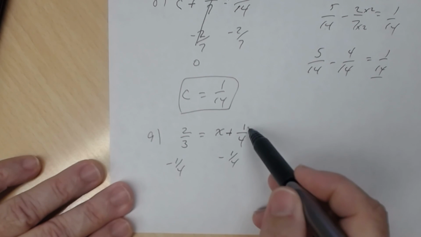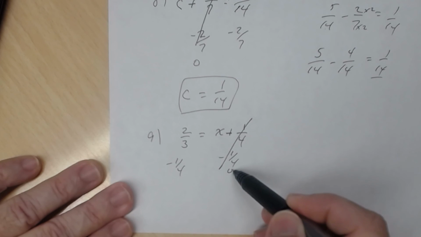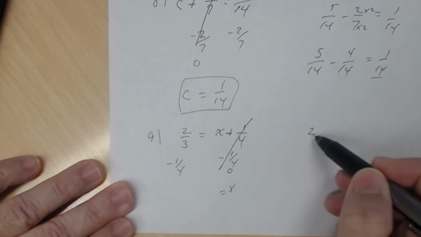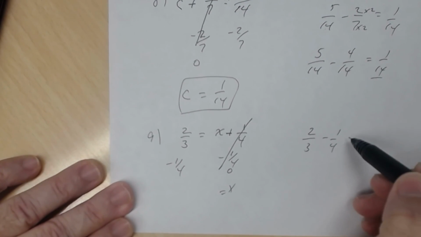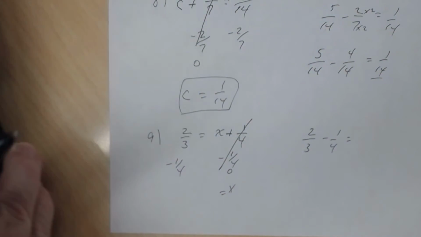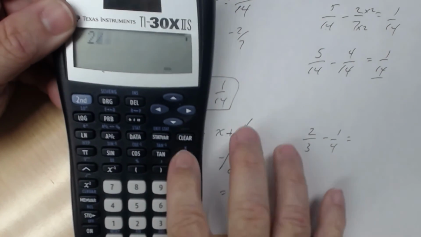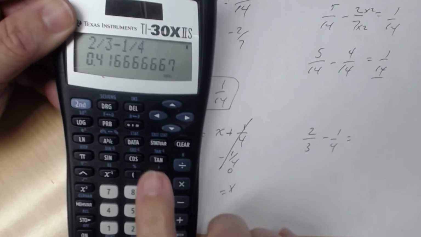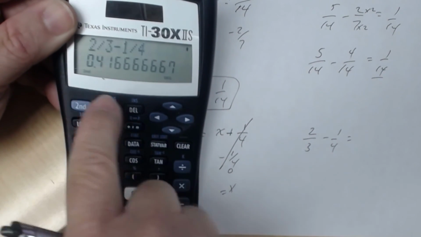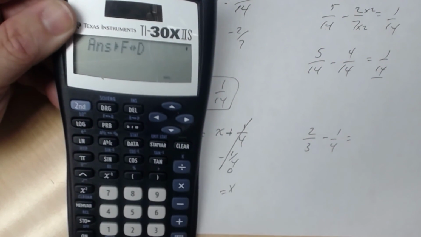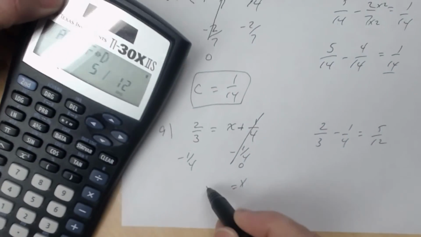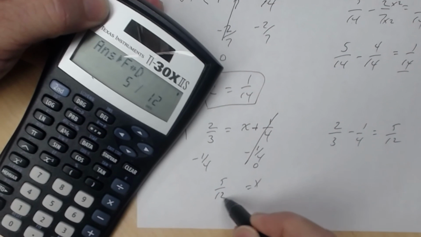And so combine like terms, 1/4 minus 1/4, that's 0, because they're opposites. And then x and a 0 is still x. So I've got to figure out what 2/3 minus 1/4 is. So using a calculator, 2 divided by 3 minus 1 divided by 4 equal, I get this decimal. Converting it back to a fraction, I get 5/12. So x is 5/12.